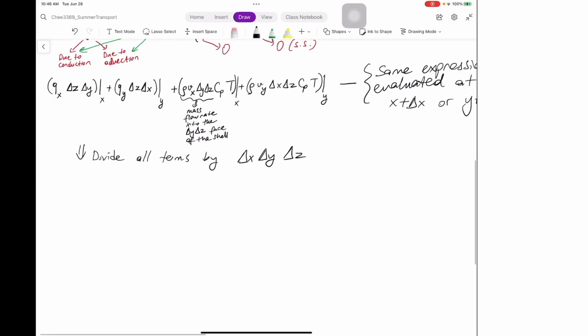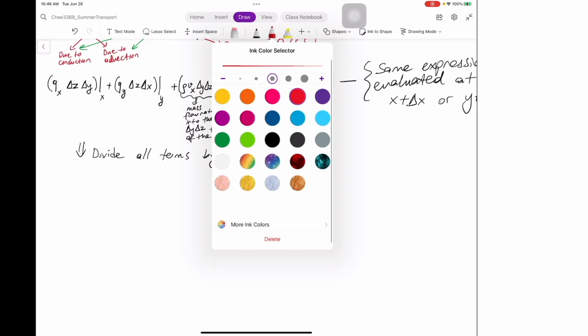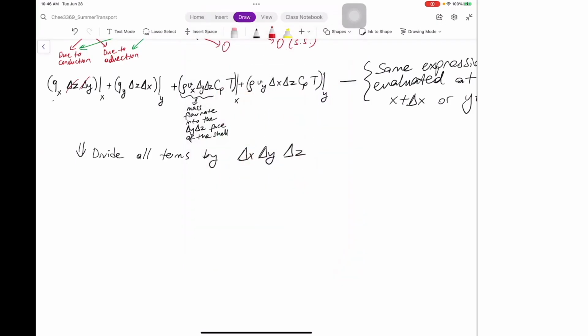Okay, and then you're going to see that, for example, in the first term, these two cancel and you're going to have a delta x term in the denominator. For this one, these two cancel and you're going to have delta y in the denominator, right? For this one, again, you're going to have delta x and so on.